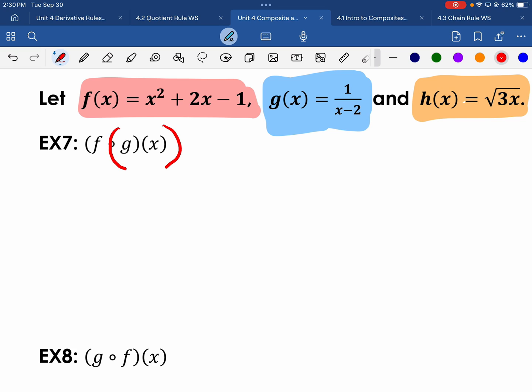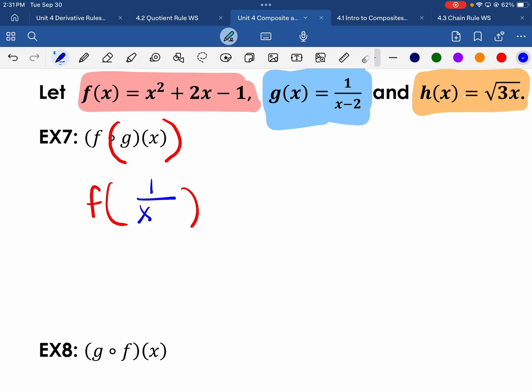G of x. And what does g of x equal? 1 over x minus 2. So I'm going to replace g with whatever g is, 1 over x minus 2, getting that from g of x equaling right there.